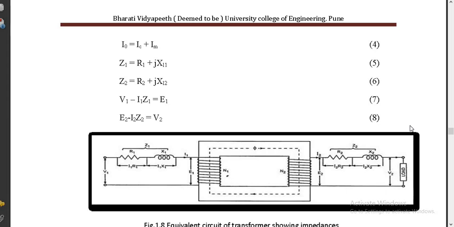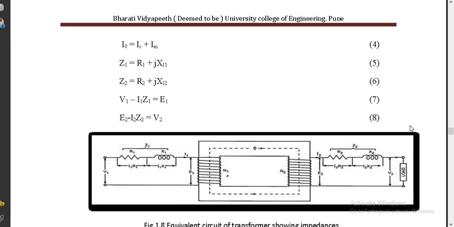Up till now, before discussing this equivalent circuit and before discussing any losses in the transformer, it was V1 is equal to E1, that means whatever was the applied voltage was the same as the primary induced EMF. Similarly, E2 is equal to V2, that means the secondary induced EMF, that is mutual induced EMF, is equal to the terminal voltage.